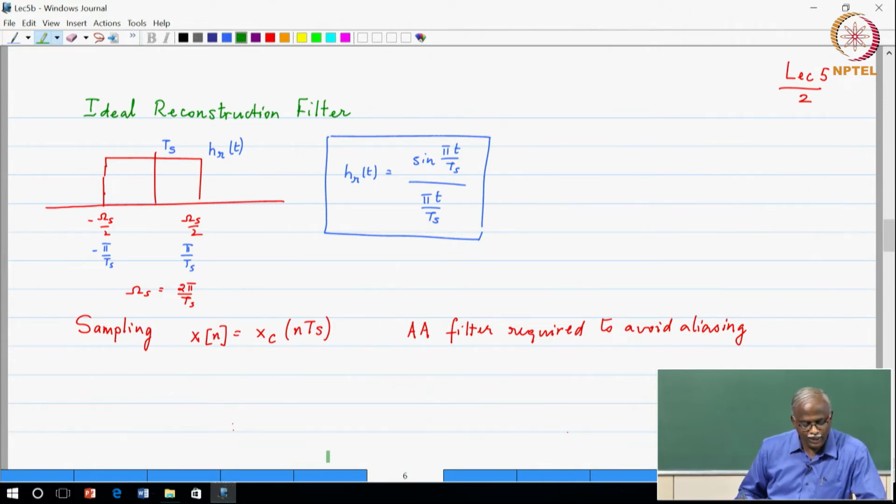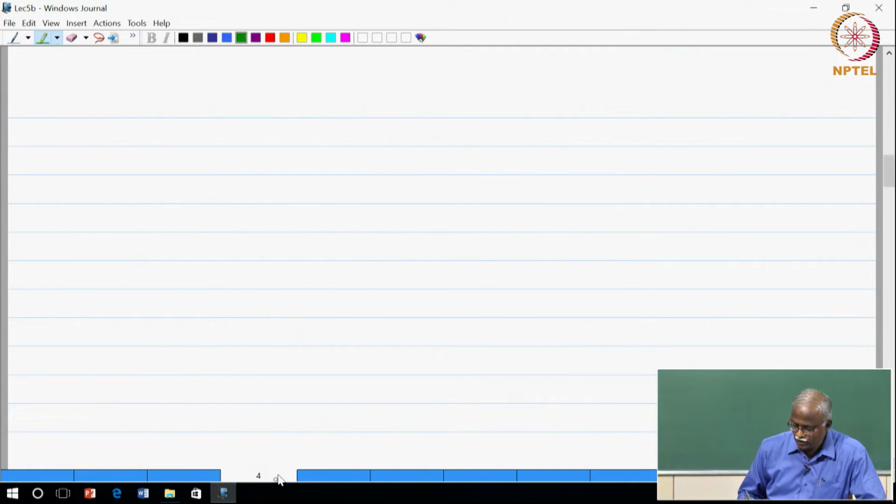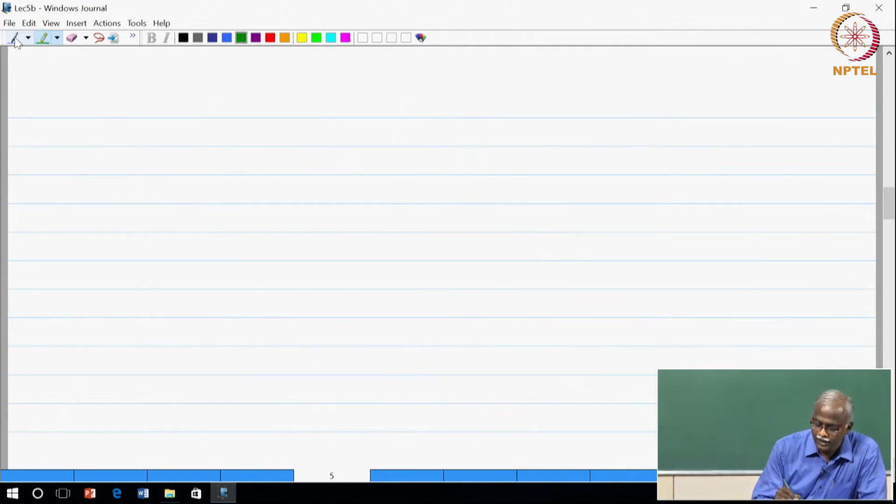Okay, now I would like you to follow along on one of the aspects of the mathematical elements. So, let me first write down the continuous time portion and then relate it to the discrete time.